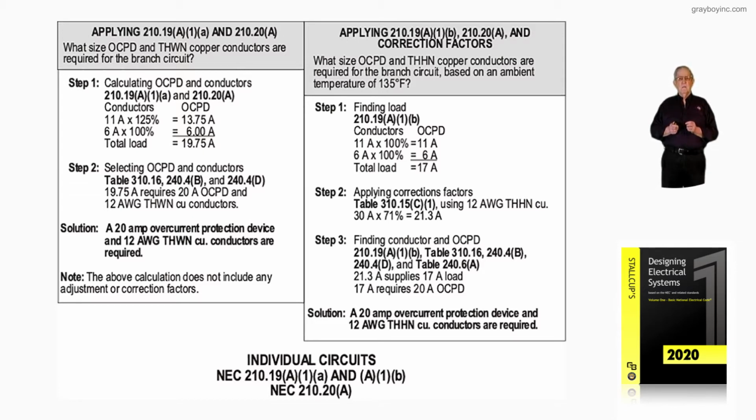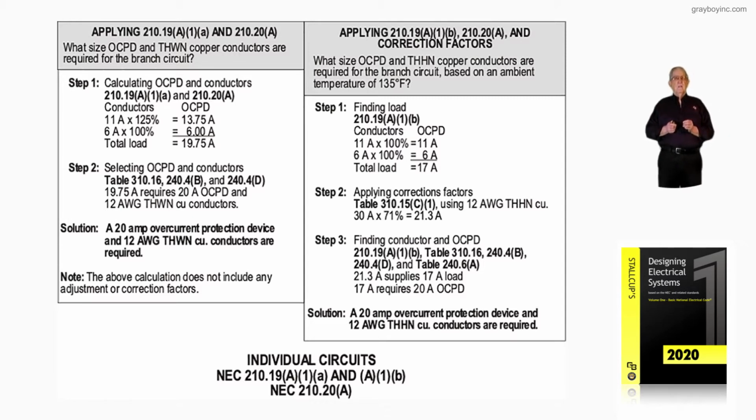A1B deals with when we have correction factors and adjustment factors involved. Now, in the calculation that we're reviewing now, we do not have any correction factors or adjustment factors. With that information, we're now ready to move to the calculation to the left in the illustration.